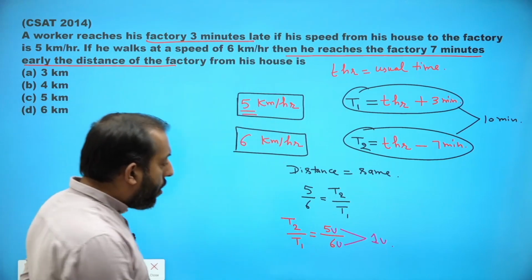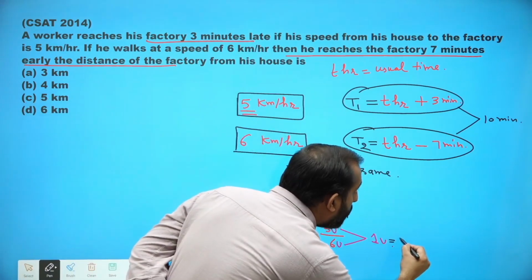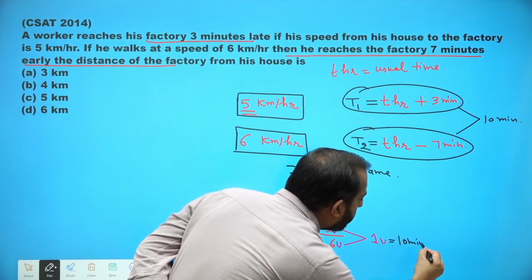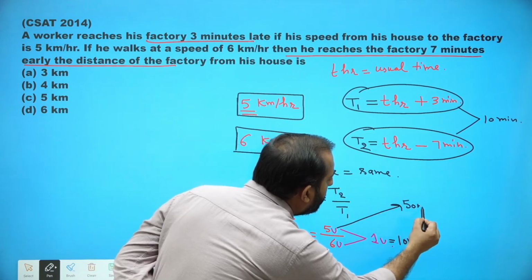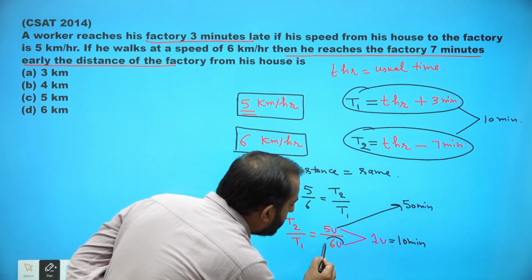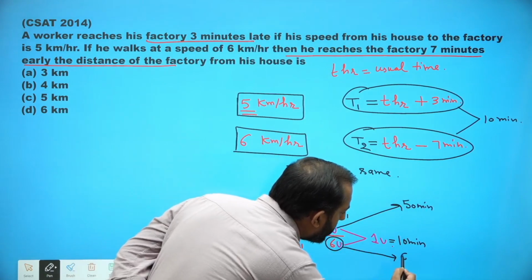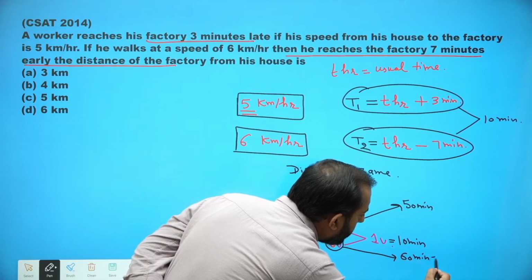So 1 unit is equal to 10 minutes. So 5 units will correspond to 50 minutes and 6 units will correspond to 60 minutes, that is 1 hour.